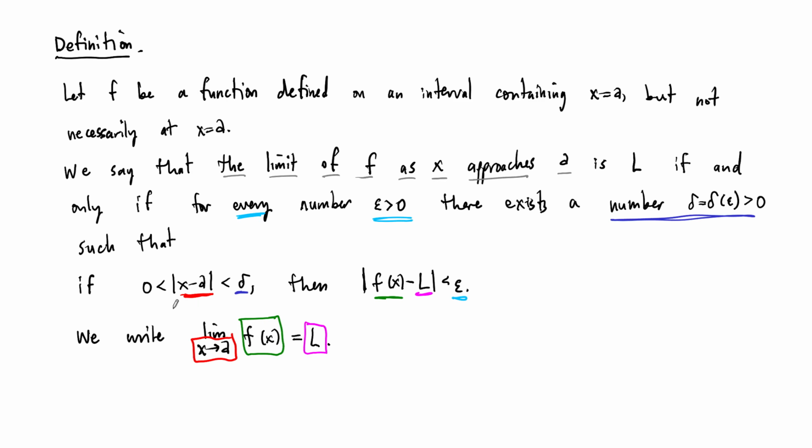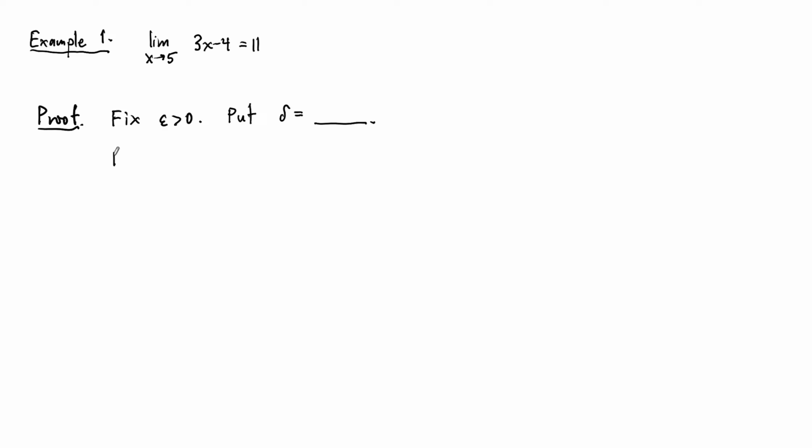Now, we need to write out the rest of the definition, right? Remember in our definition that we are supposed to assume, like if x minus a is less than delta and greater than 0, then we have to show that this will be true for our epsilon, right? And that's where we're going to determine our delta. So that's the next step. We just rewrite the definition and we plug in the values that we actually have for our limit. So if x minus a is less than delta.